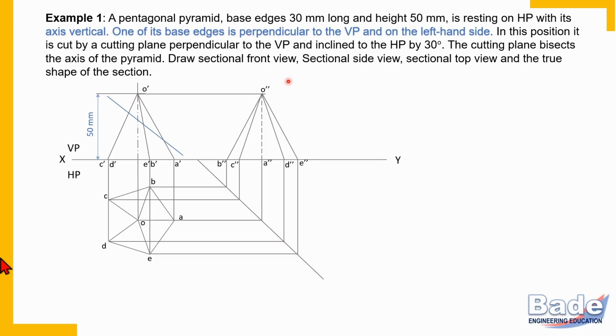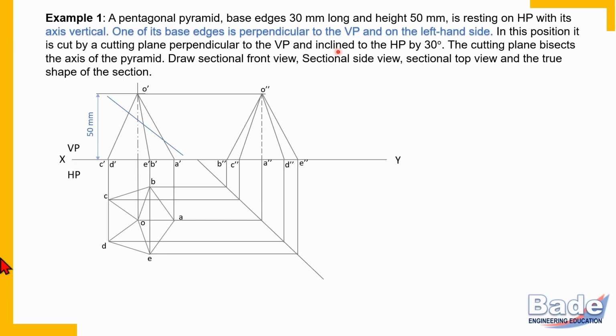If cutting plane is perpendicular to HP, that is, if cutting plane is vertical, then it appears a line in the top view. If cutting plane is perpendicular to VP, then it appears line in the front view. In this case, cutting plane is perpendicular to the VP.